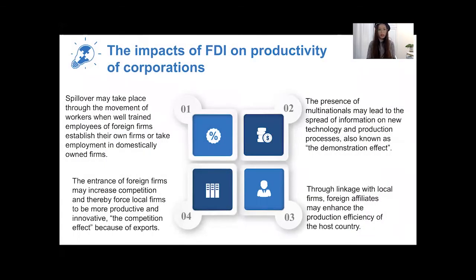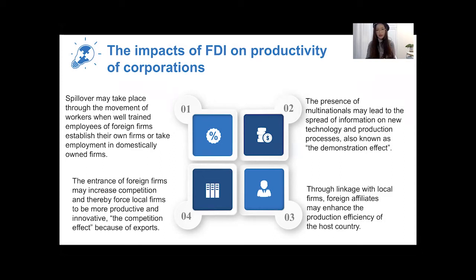As to corporations, there are some impacts of FDI on the productivity. First, spillover may take place through the movement of workers when well-trained employees of foreign firms establish their own firms or take employment in domestically owned firms.